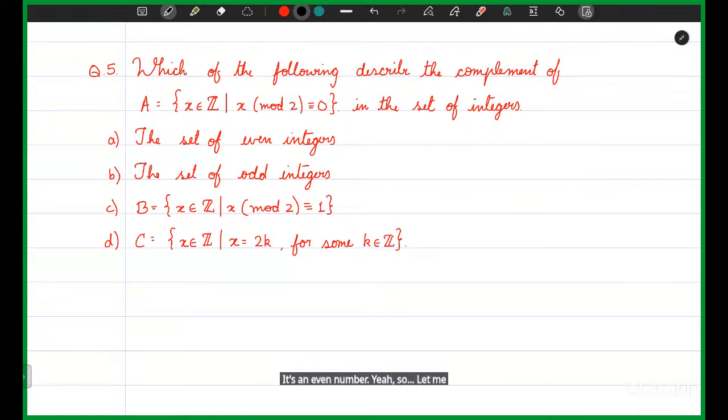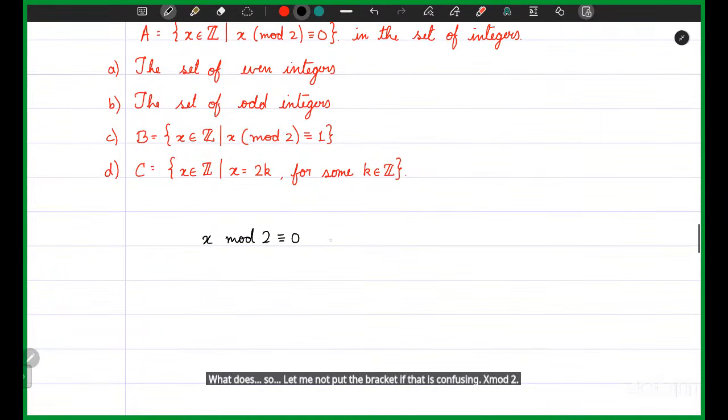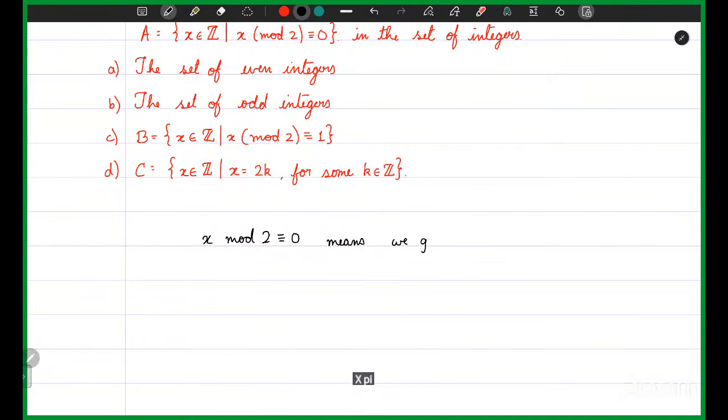Let me write that down. Let me not put the bracket if that is confusing. X mod 2 is equal to 0 means we get a remainder of 0 when x is divided by 2.